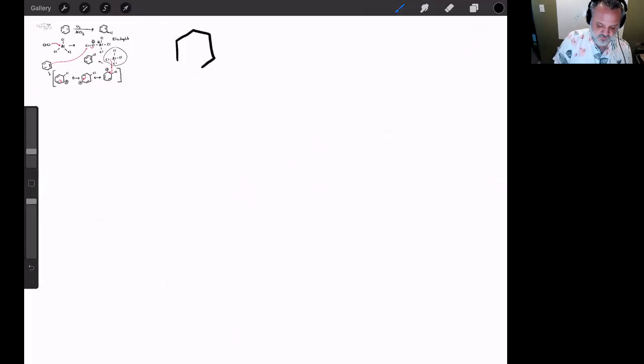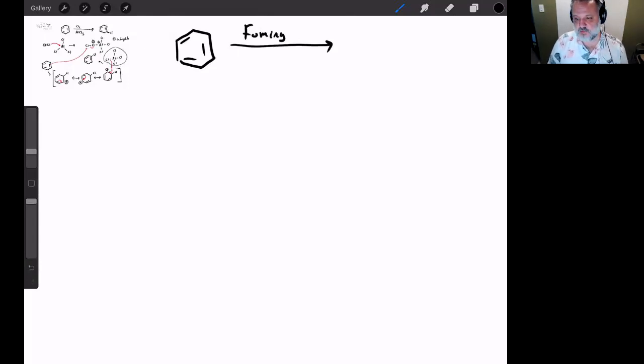The next one is sulfonation. Sulfonation involves fuming H2SO4. It's hard to see in this example, so I'll redraw it real quick.